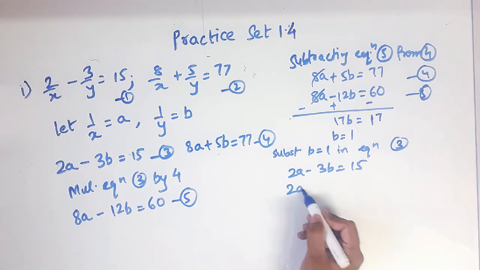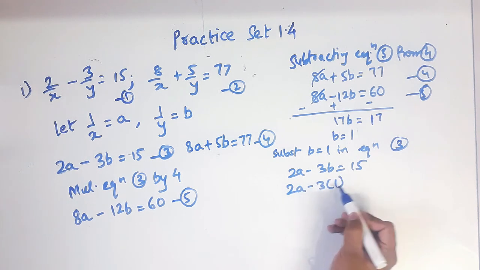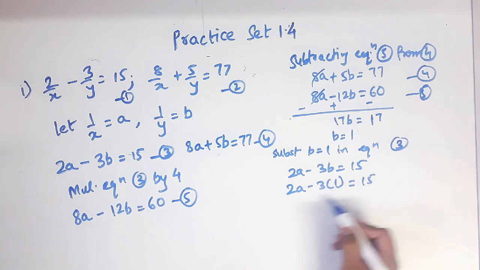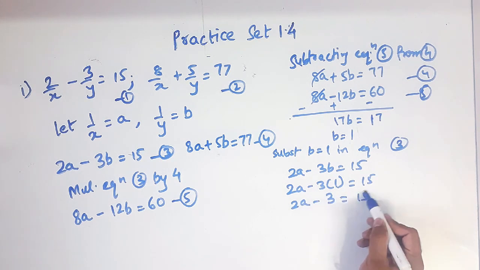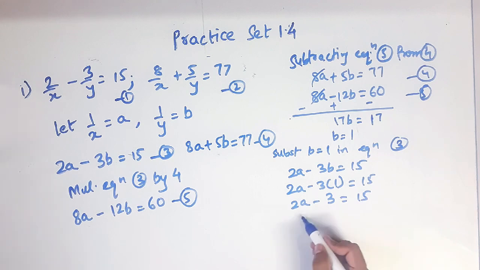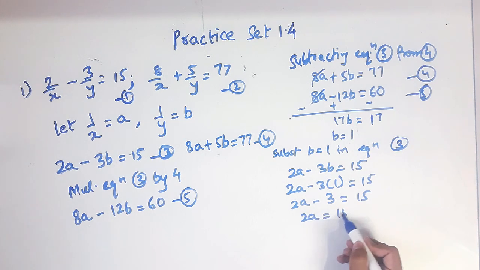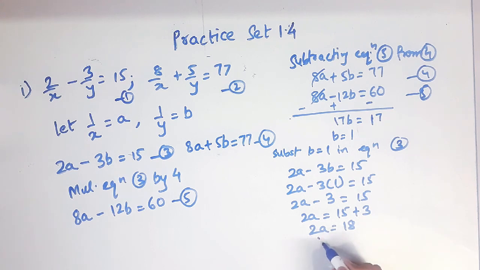So 2a minus 3, instead of b I am writing 1, equals 15. 2a minus 3 is equal to 15, then 2a equals 15 plus 3, so 2a equals 18. Therefore a is equal to 9.